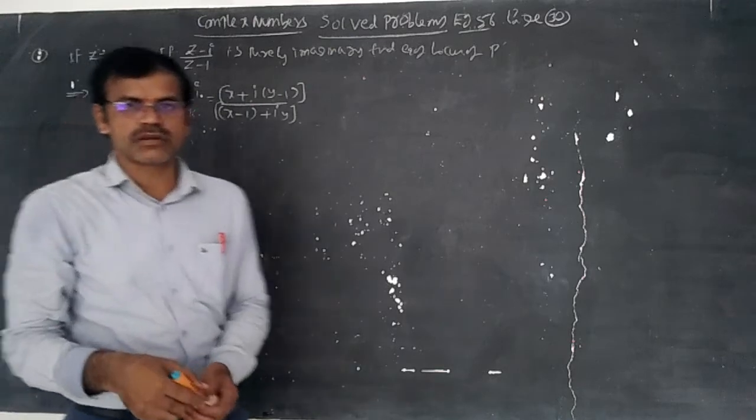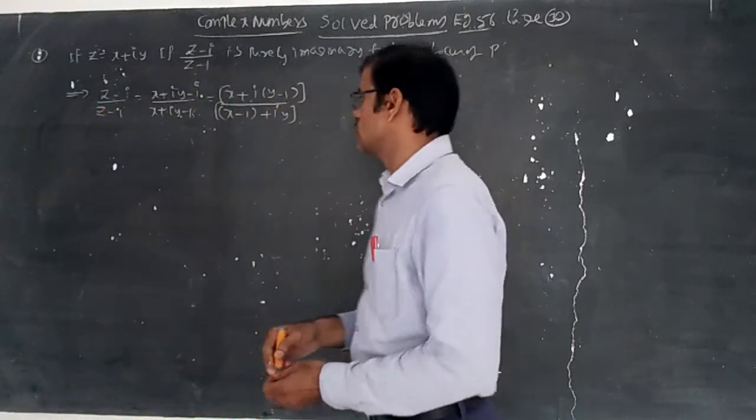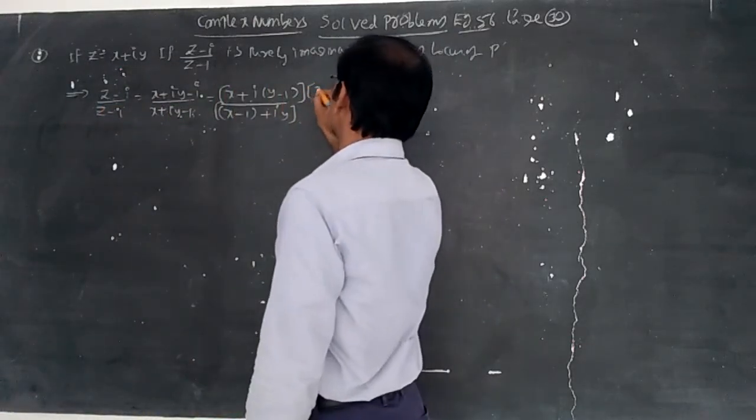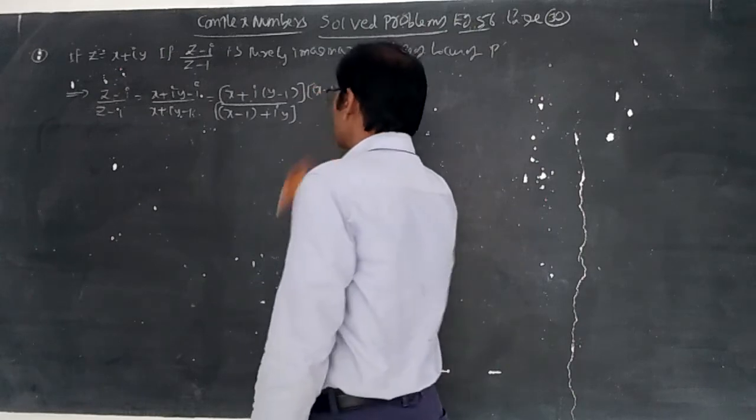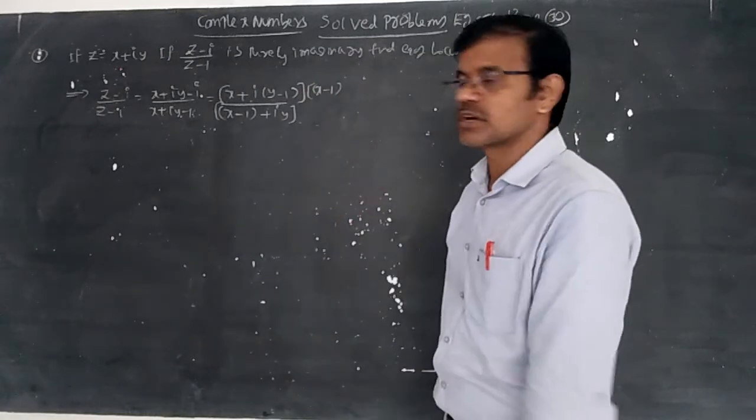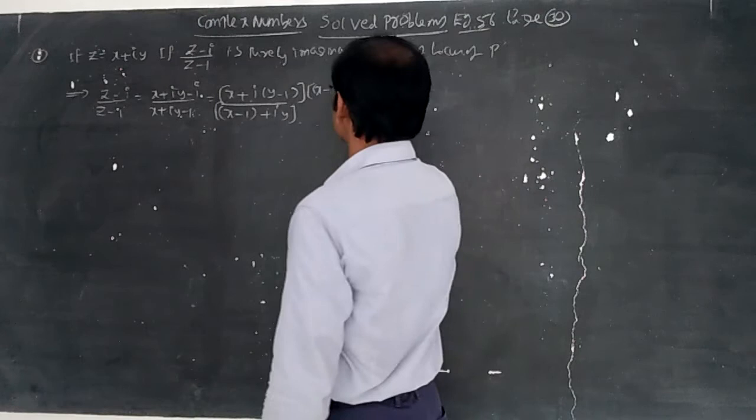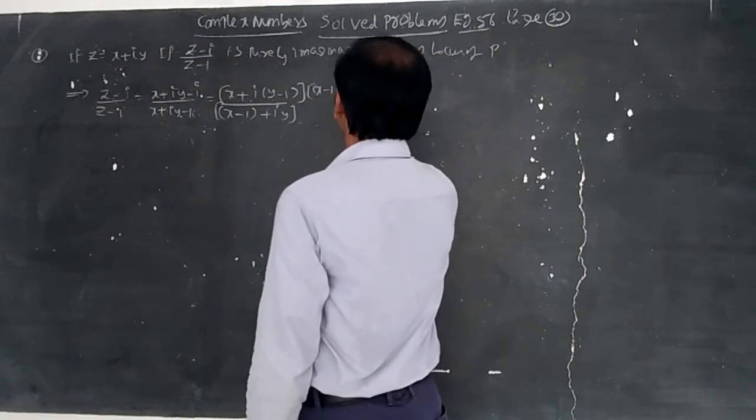Taking rationalization, it is nothing but multiplication of the conjugate complex number of the denominator to numerator and denominator.